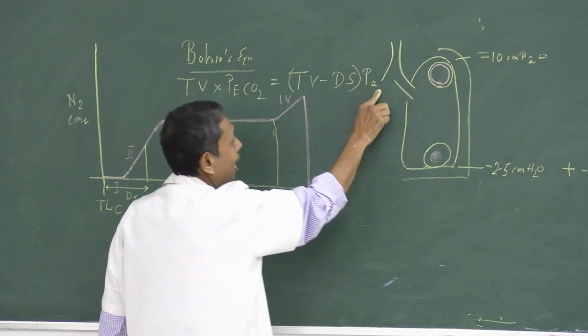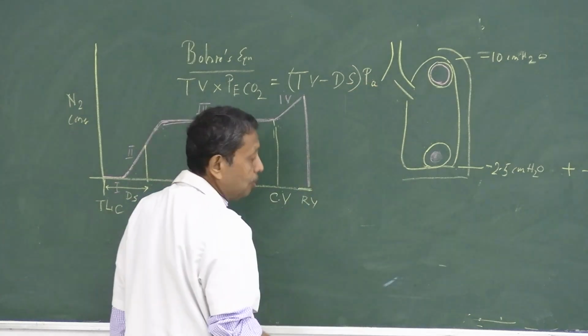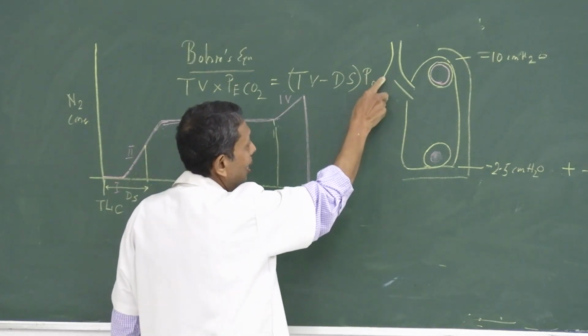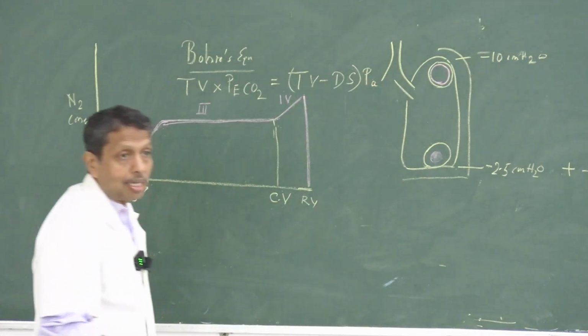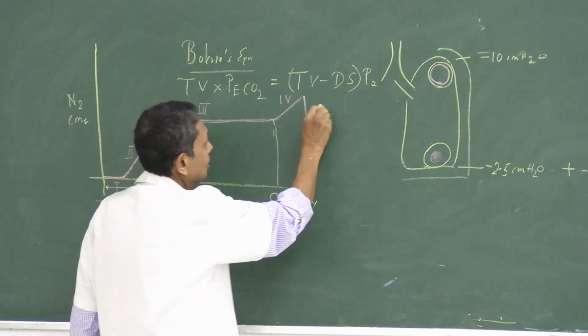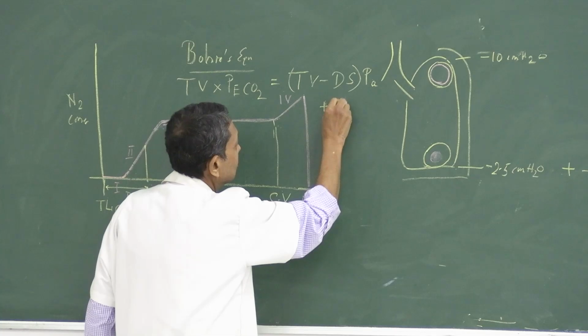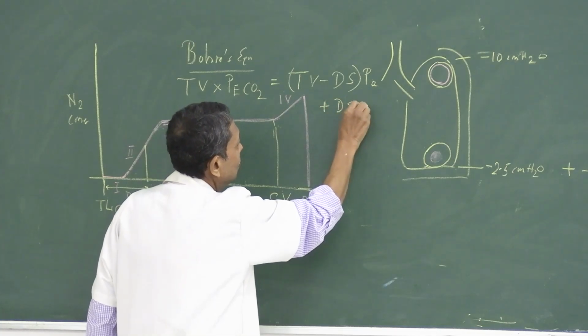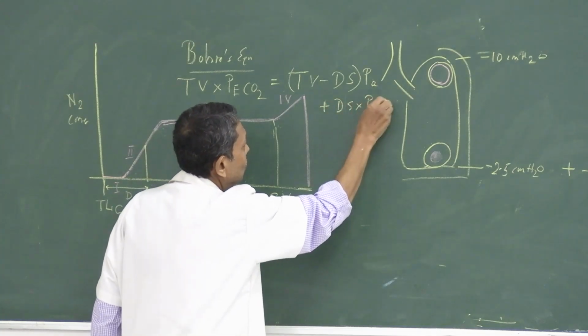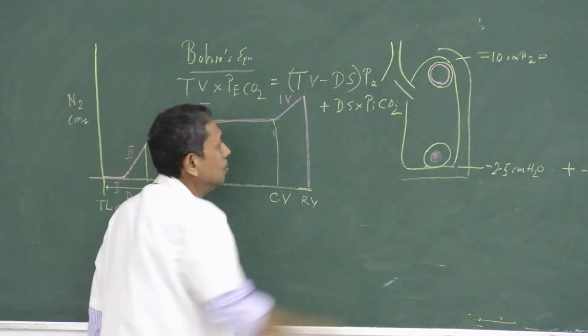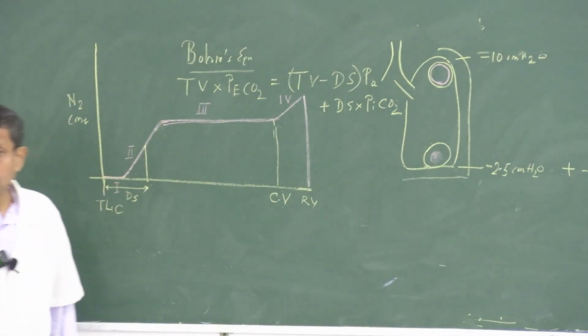Small a, when it is arterial, means the physiological dead space. When it is capital A, it means the anatomical dead space. Plus dead space into PiCO2.